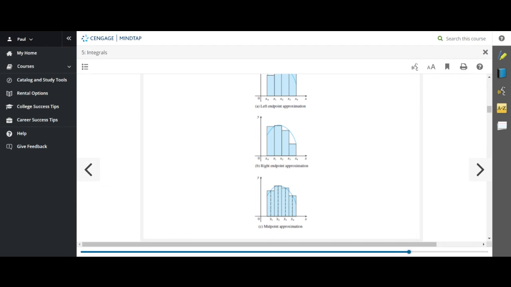That's called a midpoint approximation or the midpoint rule. So those are three ways in which you could approximate the area underneath the curve. They're Riemann sums in themselves, but we're actually giving names to these approximations.